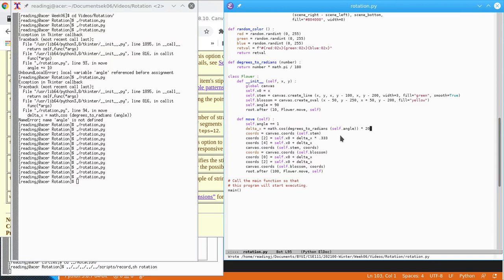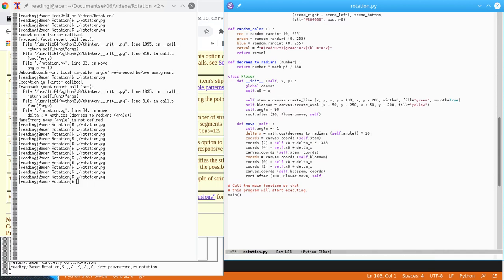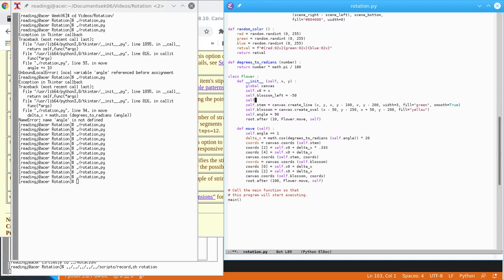Okay, so self dot blossom x naught, oh, blossom left, that's what I want, equals -50, and self dot blossom right equals 50.